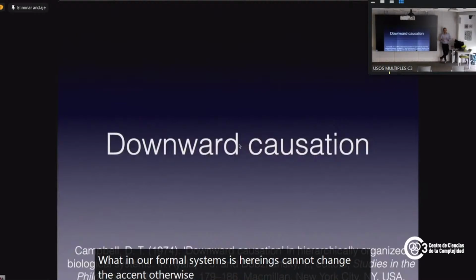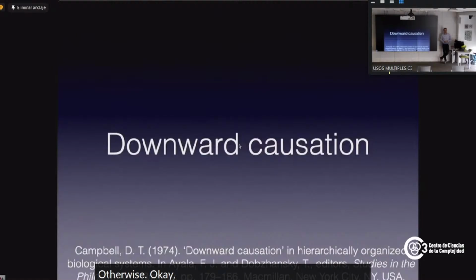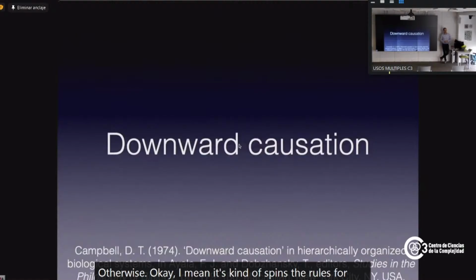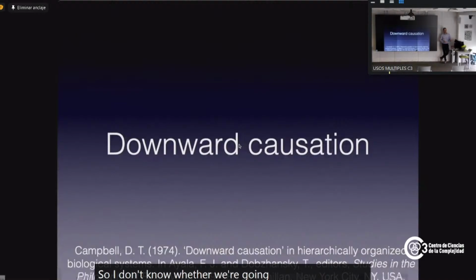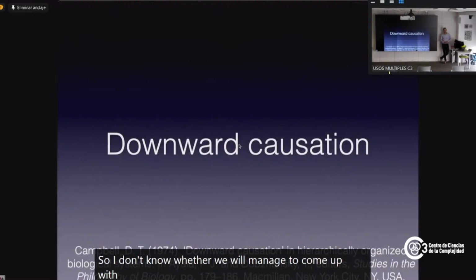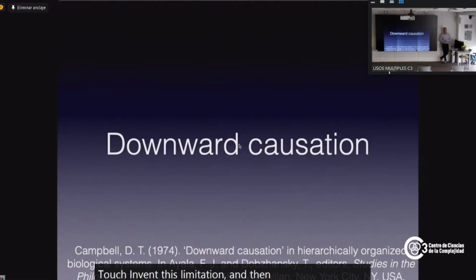Otherwise, it's against the rules of formal systems. So I don't know whether we will manage to come up with a new kind of formal system that can circumvent this limitation, and then there will be new possibilities. But so far, this limits what we can do with artificial systems, and probably next class we'll speak more about these limitations.